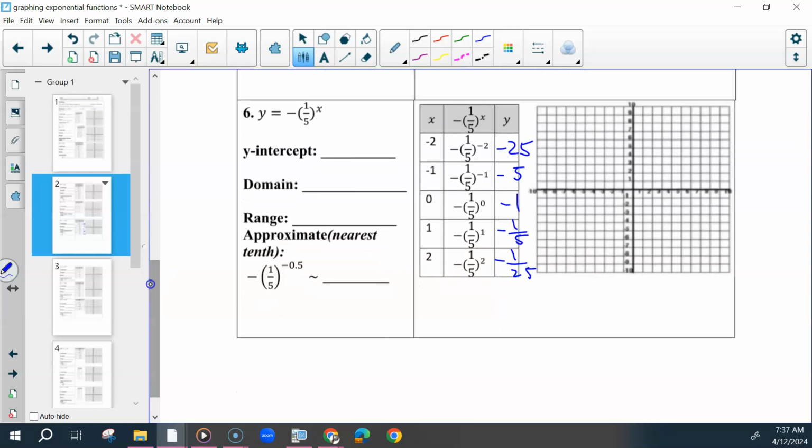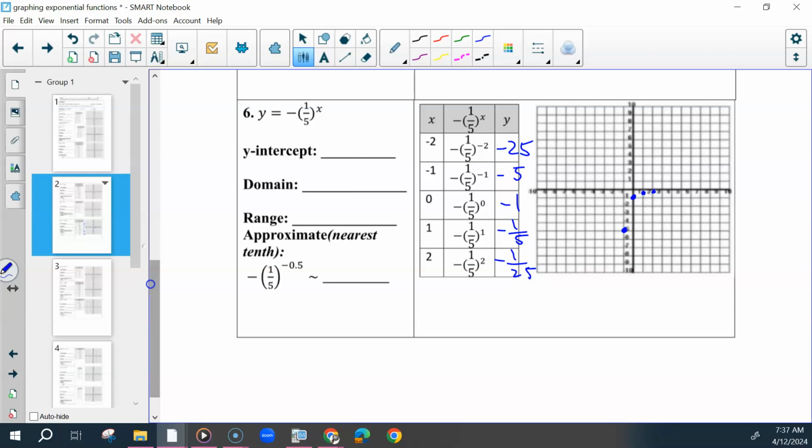Go ahead and graph those 5 points, or 4 of them. So all the other ones we've graphed have been above the x-axis. Now this one's below because of that negative. It's flipped upside down.